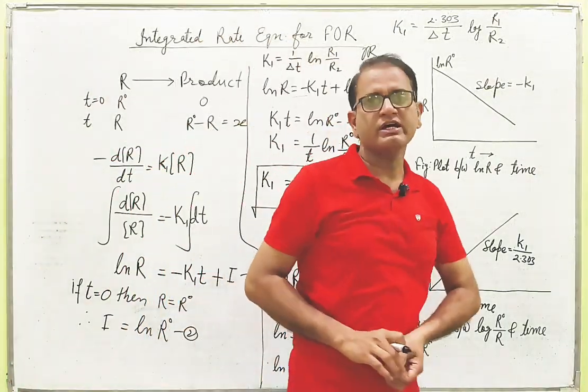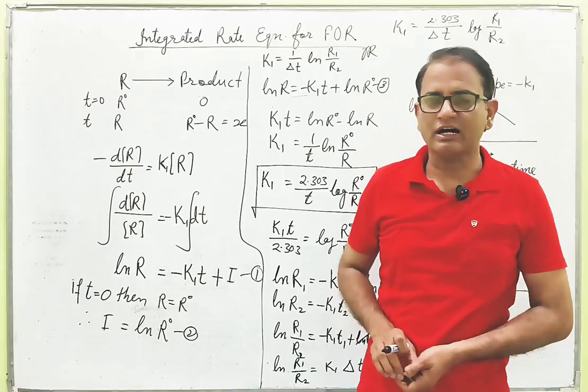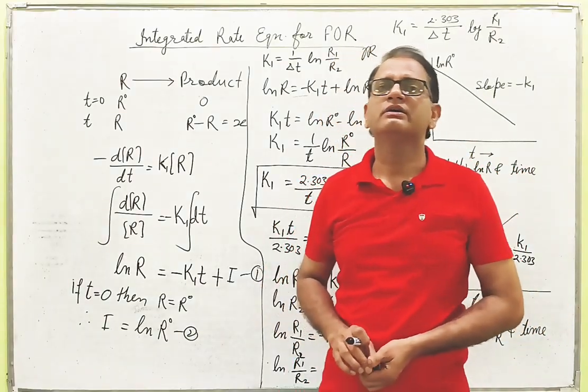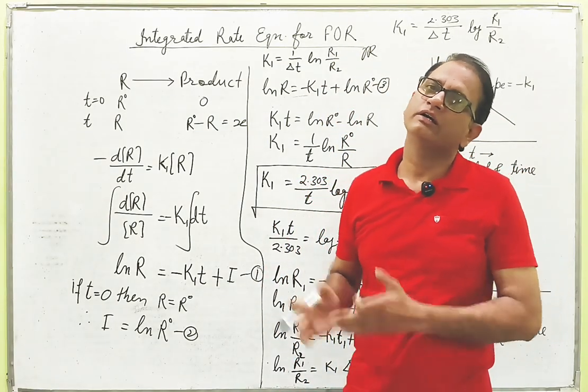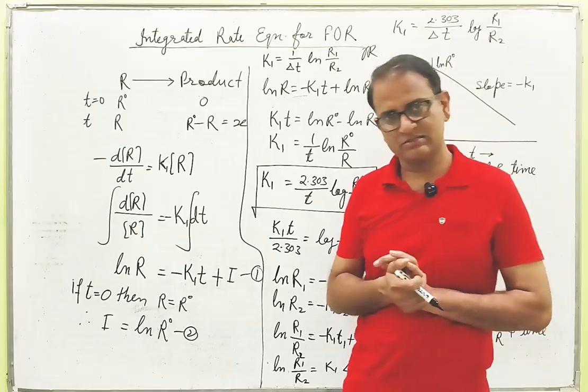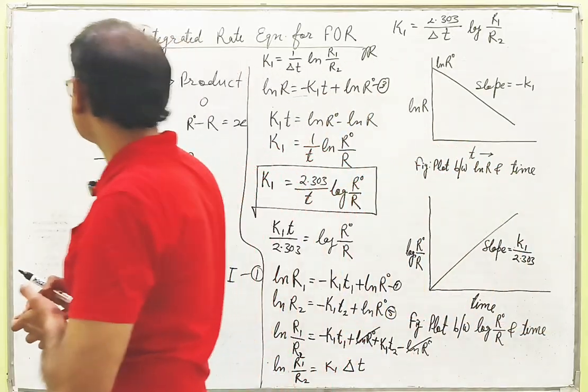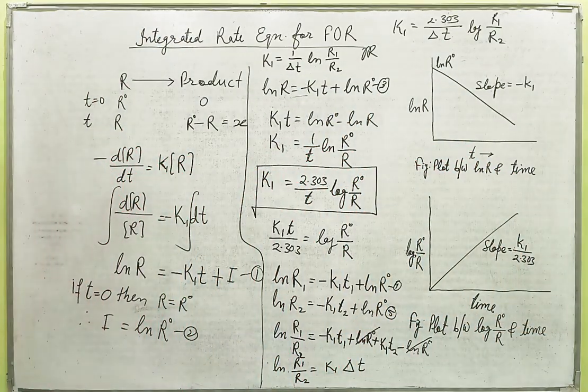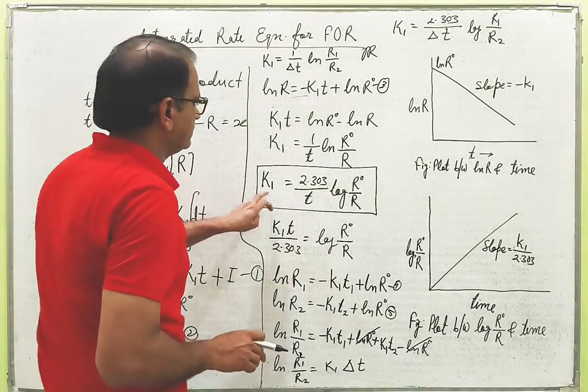Now if we want to derive the half life, okay, half life means the time taken for completion of 50% of that reaction, okay. So that is what is called a half life, and in that case what will be our K1?